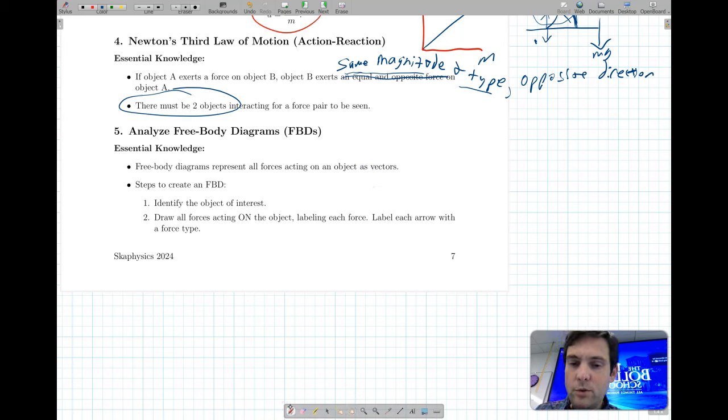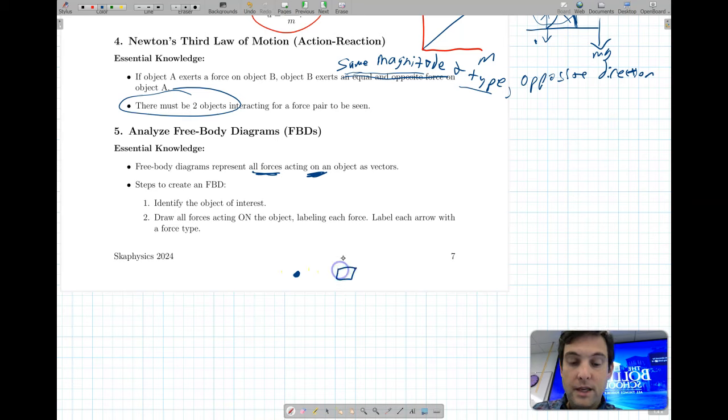We should be able to draw and analyze free body diagrams. Free body diagrams represent all forces acting on an object as vectors, so the length of the vector signifies the magnitude of the force. To create a free body diagram, identify the object of interest.